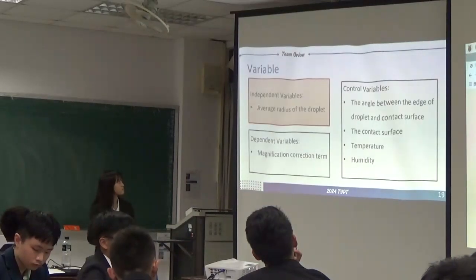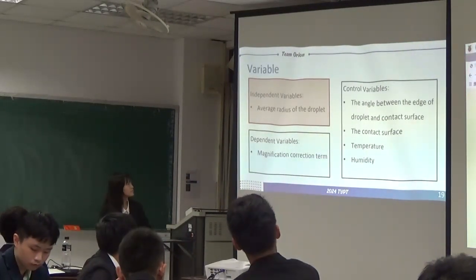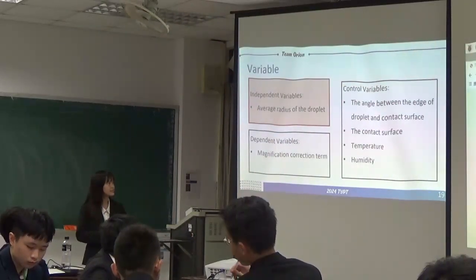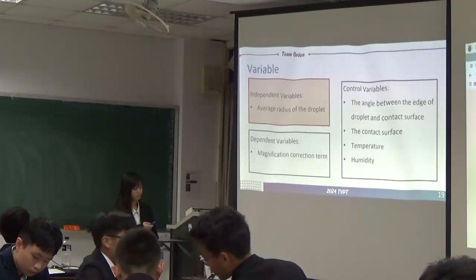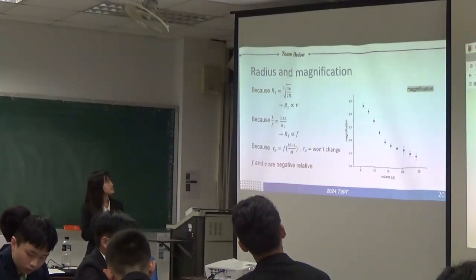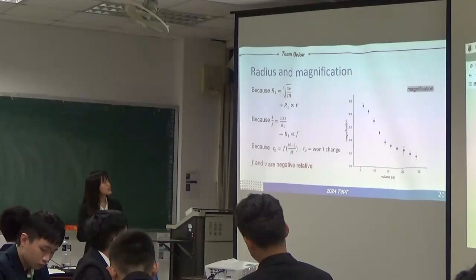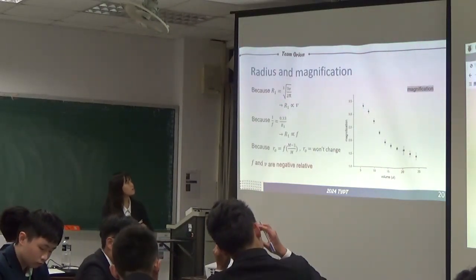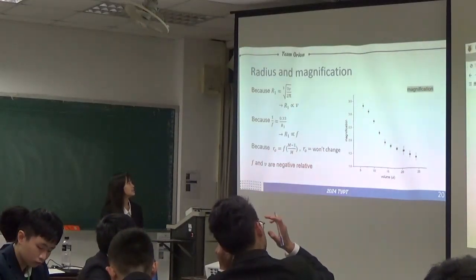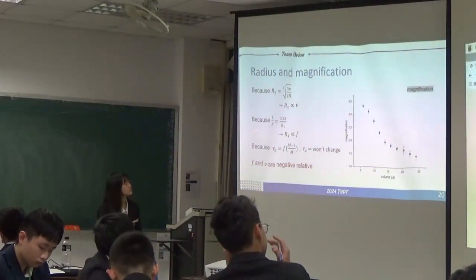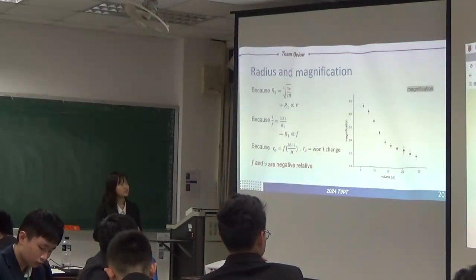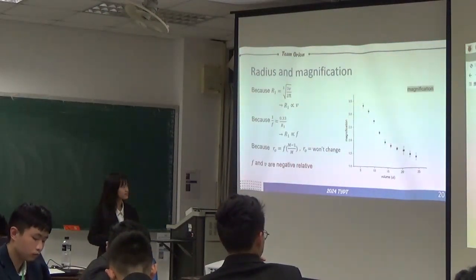curvature radius. And in my first experiment, my independent variable is the average radius of the droplets. So according to the first equation, we can get to know that R1 is proportional to the volume. And according to the second formula, we also found that R1 is proportional to the focal length.